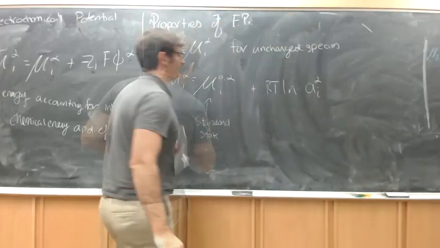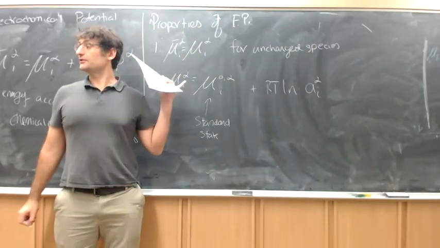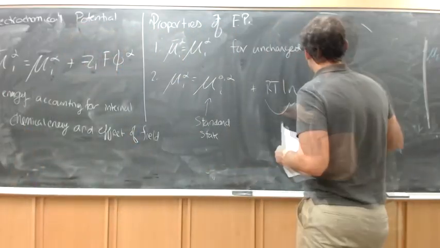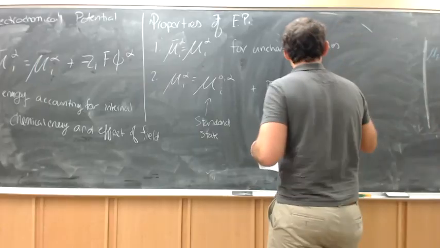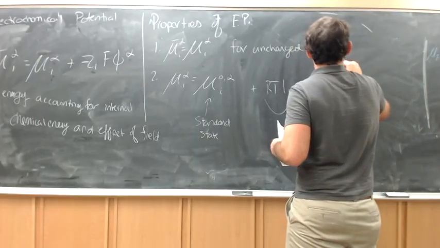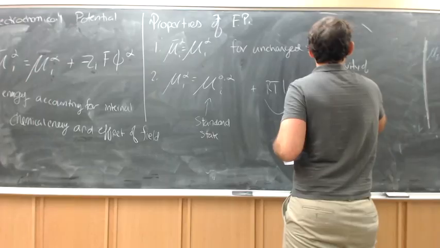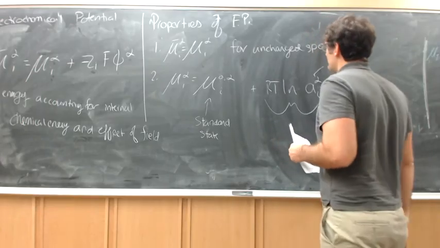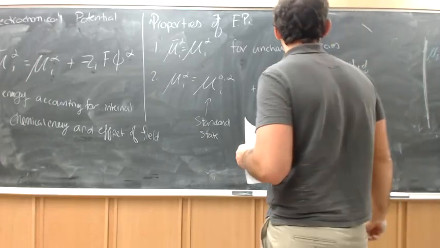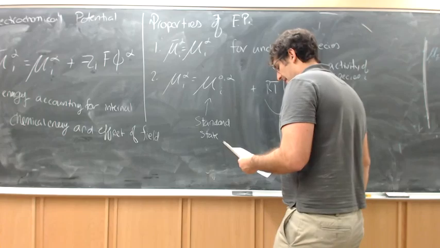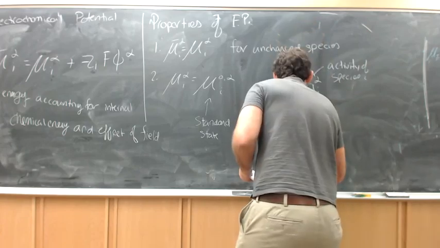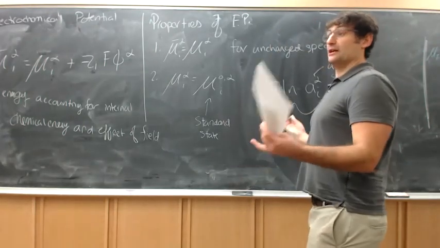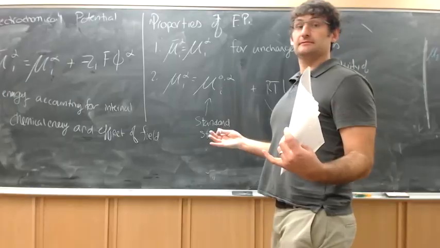Mu naught is the standard state, like delta G naught, right? And this is an activity term, where a_i is the activity of species i, RT ln a_i, and this accounts for non-standard state concentrations or activities, right?